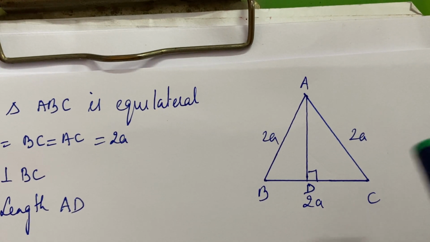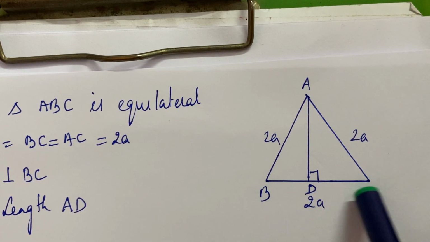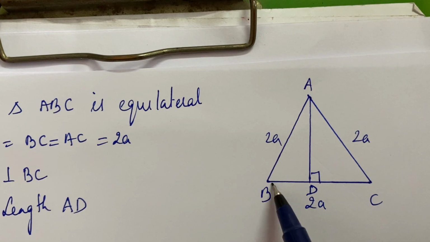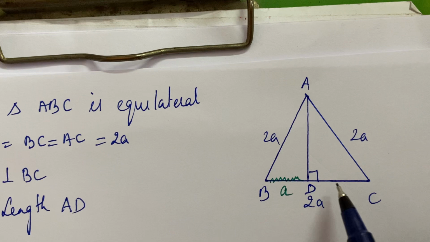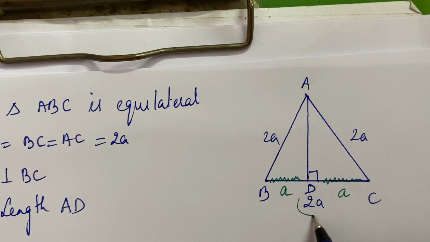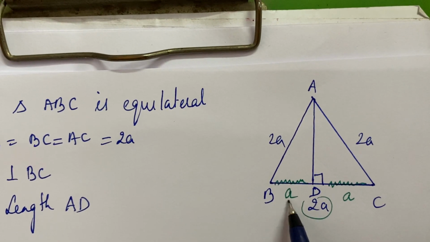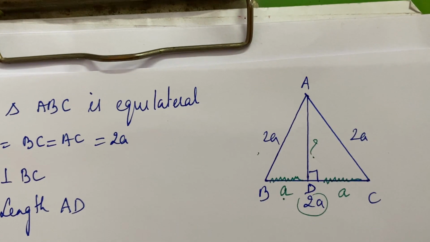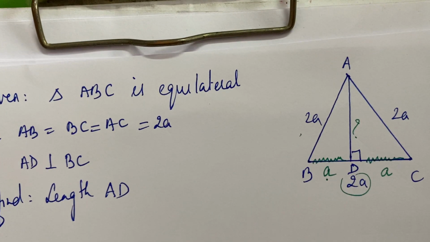Are you getting that? Now if AD altitude becomes the perpendicular bisector of BC, then this length BD will become A. This length DC will also be A. It will be half of 2A. So we have this length BD, we have this length 2A. We can find out the altitude by Pythagoras theorem. Okay, so let us begin with that.